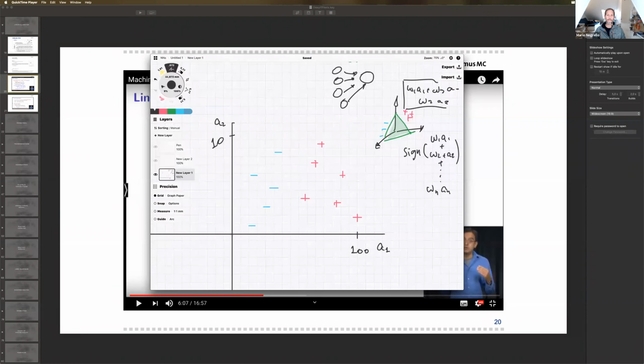Just as long as I can define this sign function with a linear operand, I can train a network. I can find these weights here that will distinguish the categories.